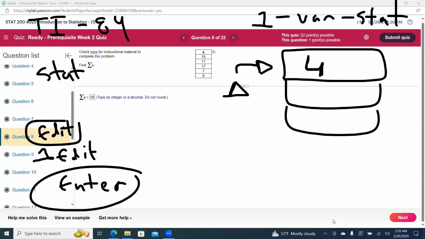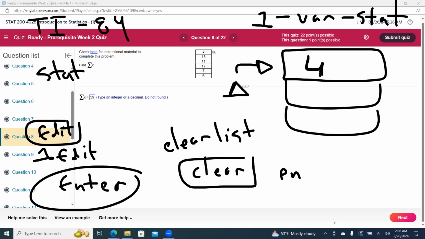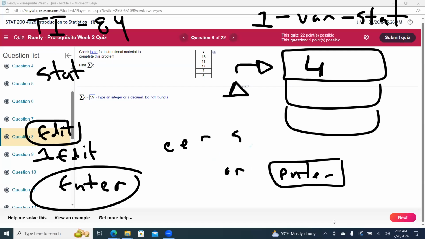Clearing a list is just going to be clear button, enter, those 2 buttons. If we go up into the list and we highlight and we press clear, enter, then the list will be cleared. So we have to clear the list.